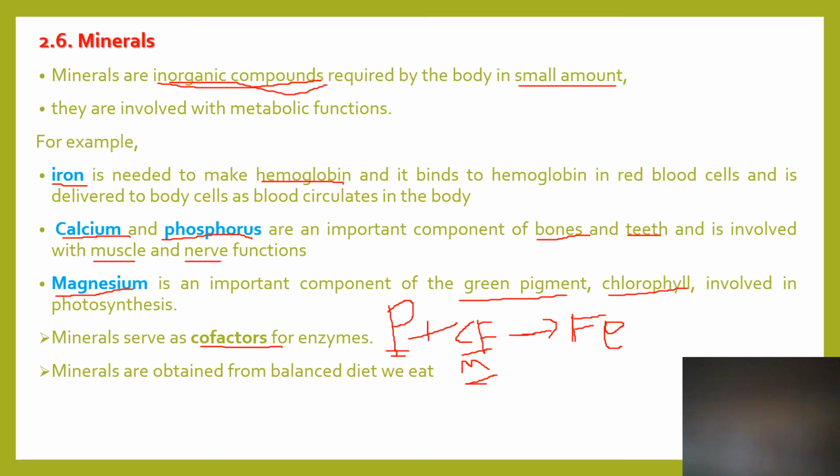Therefore, vitamins can be used as coenzymes for the normal functioning of enzymes, as well as minerals can be used as cofactors for the normal functioning of enzymes. Minerals are obtained from the balanced diets that we eat. So a source of minerals is the balanced diet of our food.